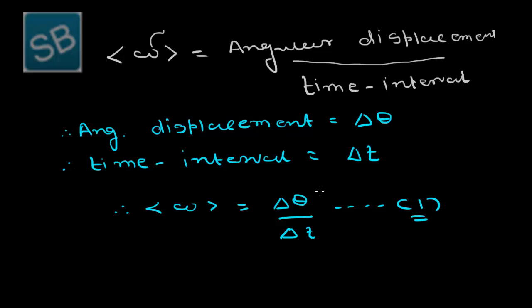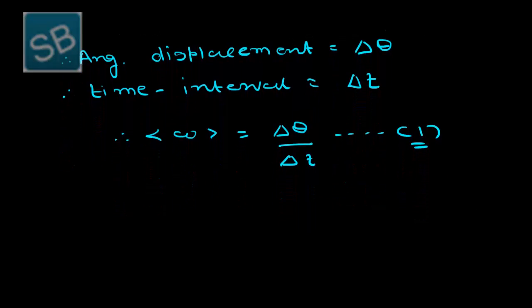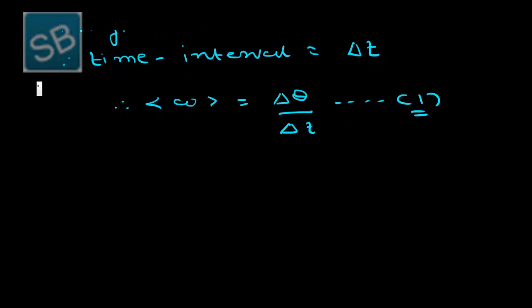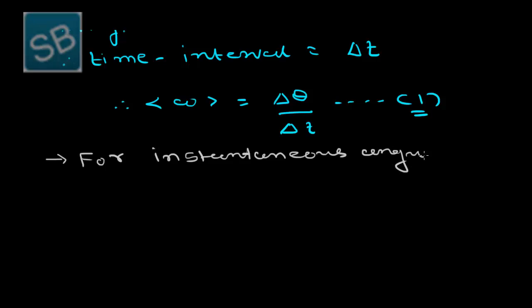But if you want to find the instantaneous angular speed, then as we have done before, we have to apply the limit of the denominator tending to 0.